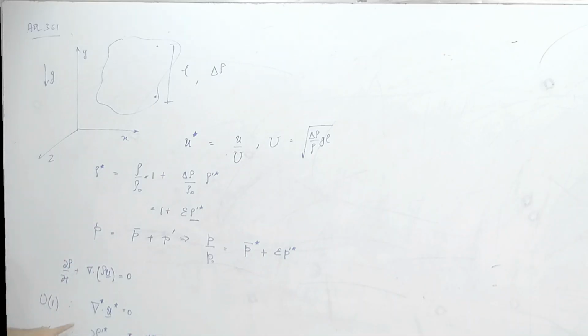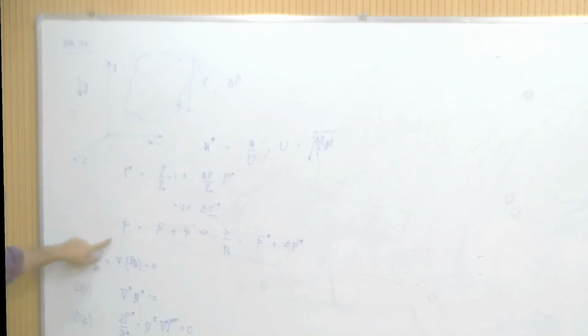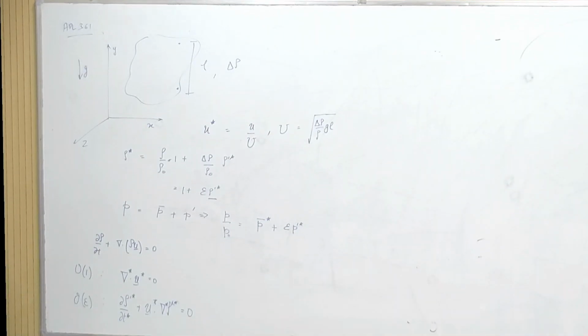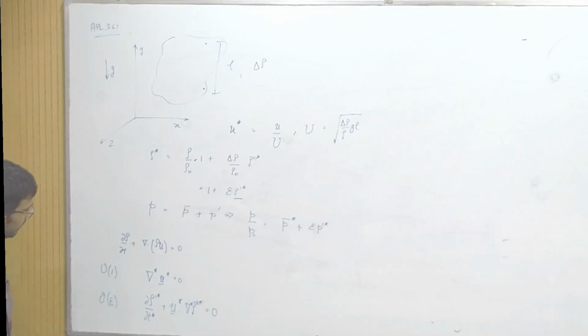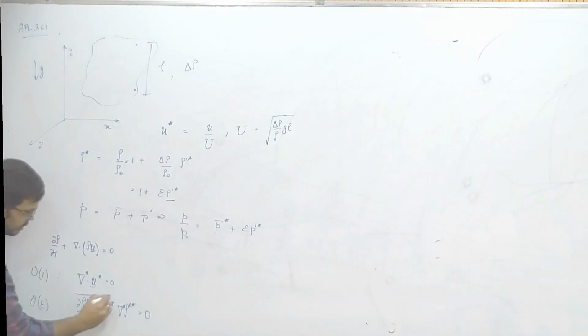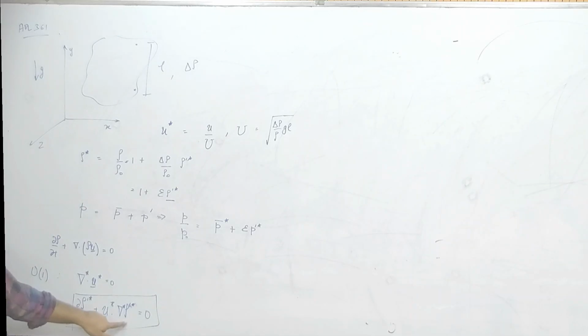So these were the two equations that we had obtained from the density equation by considering order 1 and order epsilon separately. And what you should see from here is that this equation in fluid mechanics is usually called a simple convection equation.